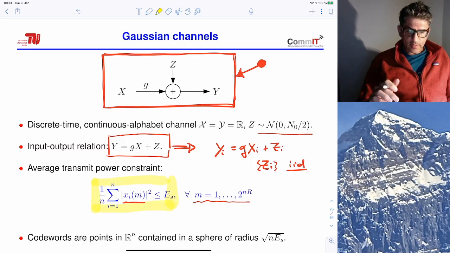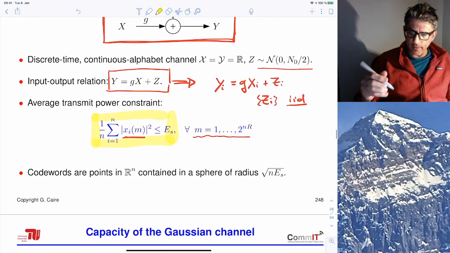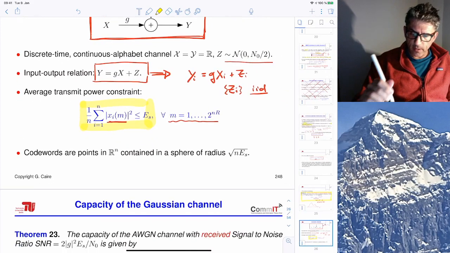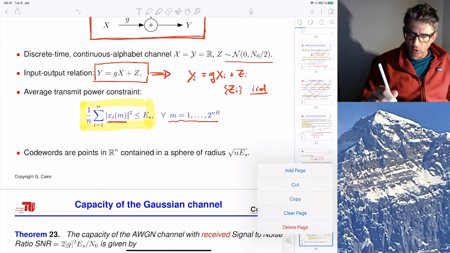So this means that imagine that we represent the code words in an n-dimensional real space.